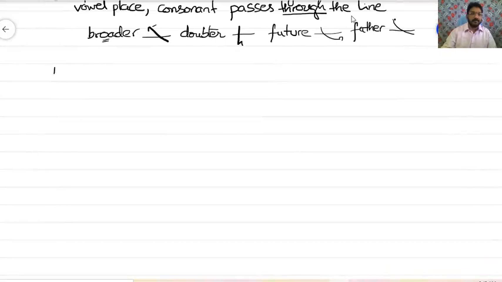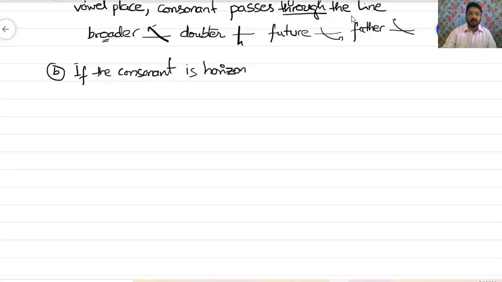Second, if the consonant is horizontal. What are horizontal strokes? If the consonant is horizontal, it is written either above the line or on the line, not through the line.